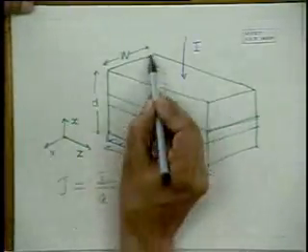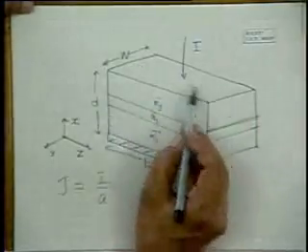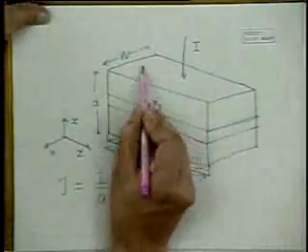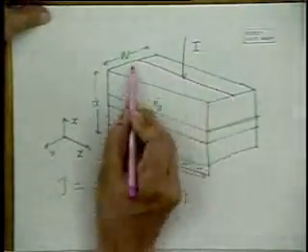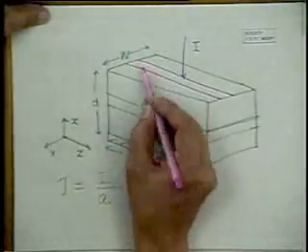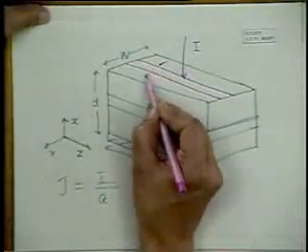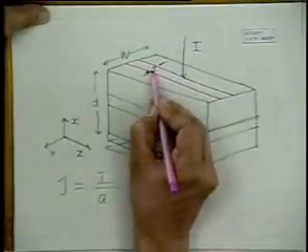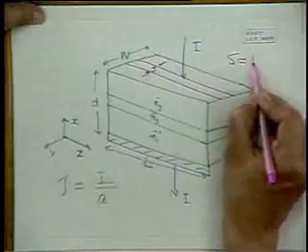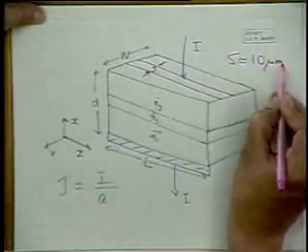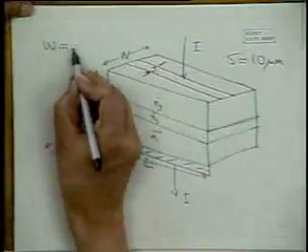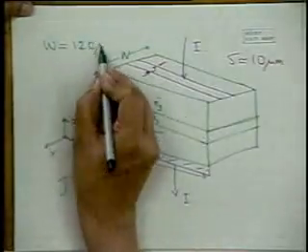And as I've discussed, one of the most common geometries is a stripe geometry. So we have a stripe here, of width S, standing for stripe, and typically S is of the order of, say, 10 microns, whereas the width W can be 120 microns, say.